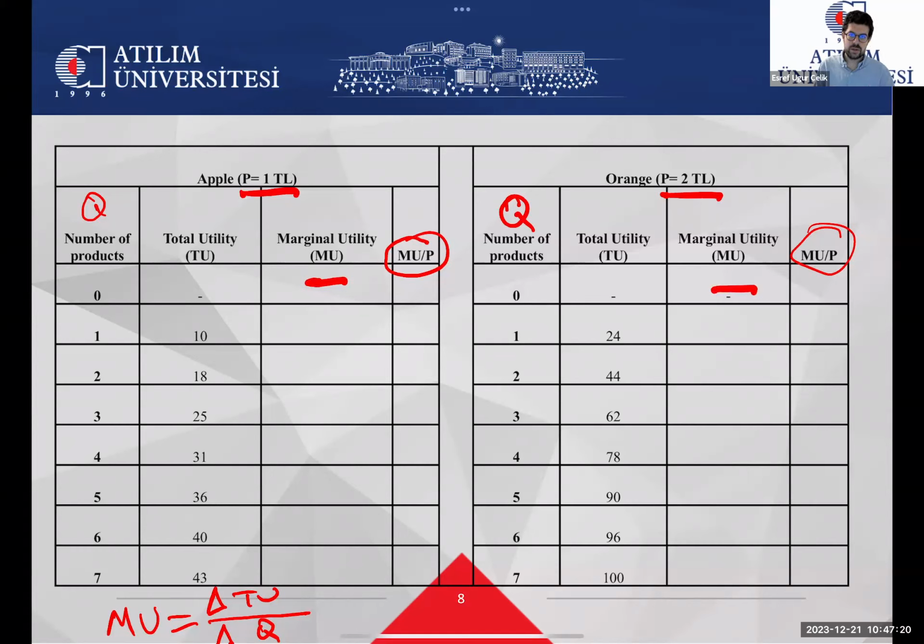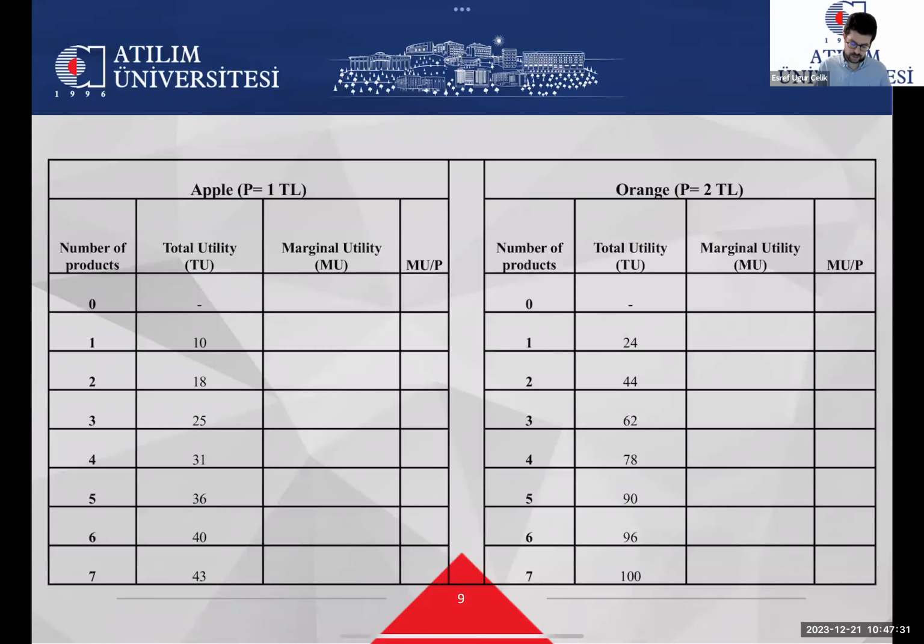And I forgot to write something. In the zero level, total utility is zero. Sorry for that. Okay, let's put it again. And what we see over here, the change of quantity is 1.